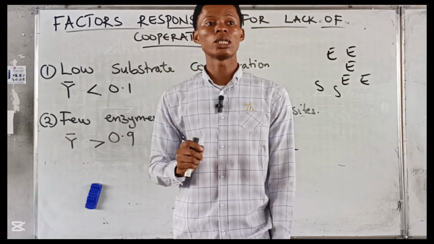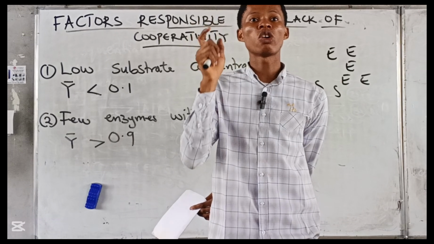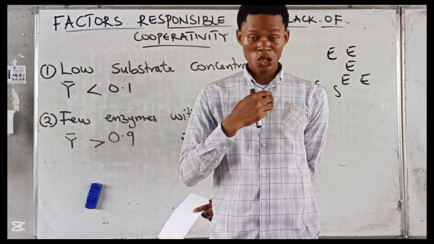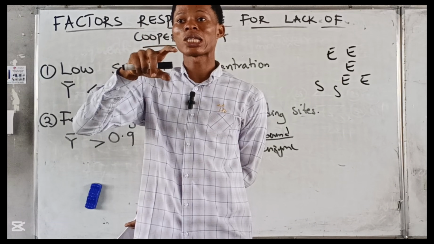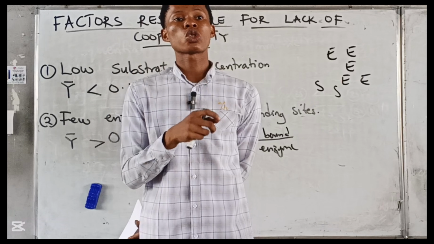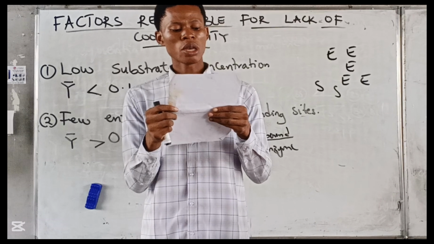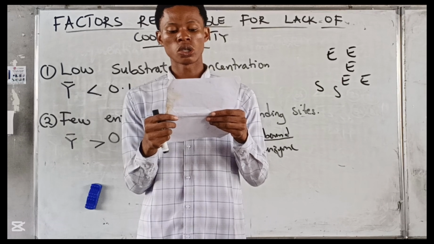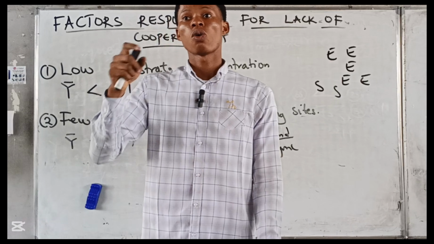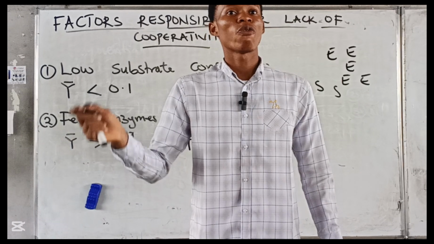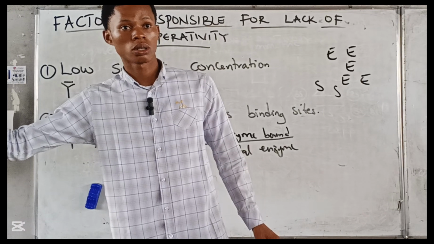Anytime you're answering a question like this, always paraphrase the question as the beginning of your answer. It's a good practice that when you are answering an exam question, you paraphrase the question as the beginning of your answer. So you can start with, what may be responsible for the fractional saturation to be below 0.1 is what?